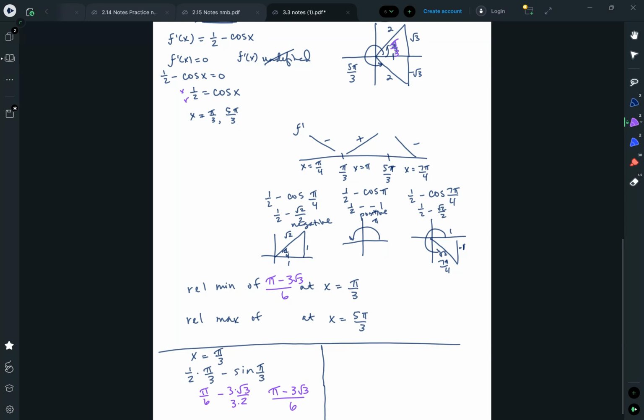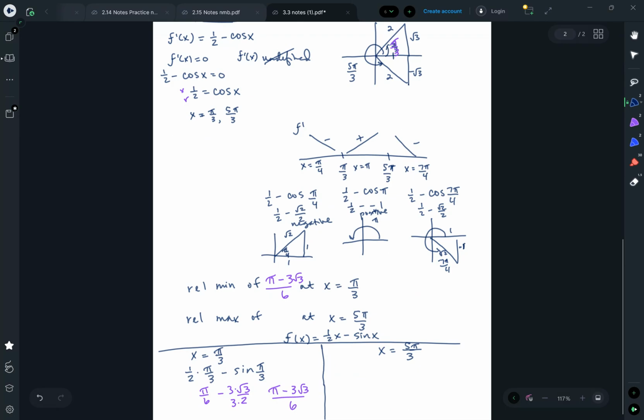Okay, and then for my relative maximum, so let's see, we've got x equals 5 pi over 3. Back to my original function. My original function, remember, is f of x equals 1/2 x minus sine x. That's what I'm using. So this is going to be 1/2 times 5 pi over 3 minus sine 5 pi over 3. Well, that's going to be this triangle right here.